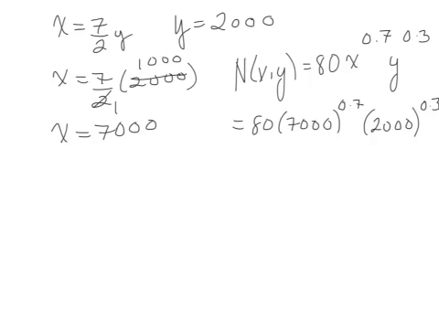You need to remember your order of operations rules. You're going to be doing the exponents first and then the multiplication. And when we do that, we find that we have a value of $384,563.10. So again, that's with 7,000 units of labor and 2,000 units of capital. That would be your production level.